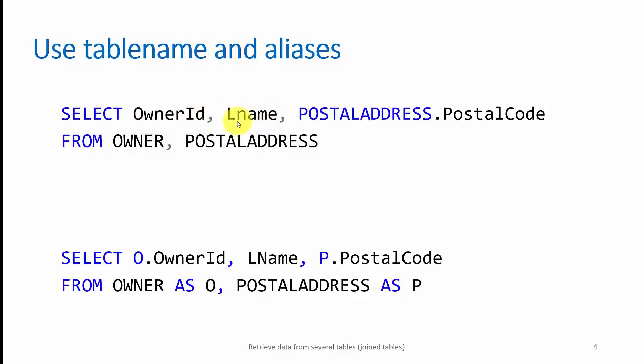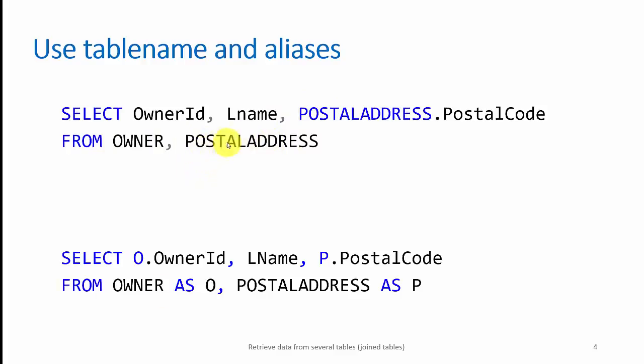But if we have used the same column name in more than one of the tables that is included in our query, then we have to address it with the table name. Typically we have to do this for the foreign key column, which is referencing a primary key column in another table, and normally both these tables then are included in the query.